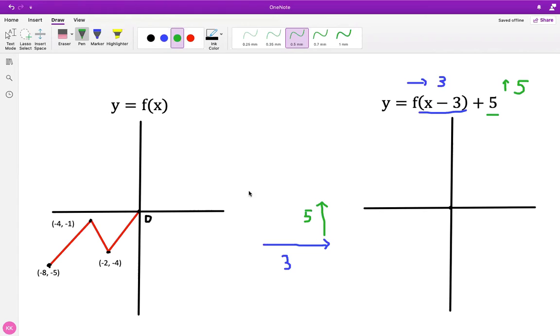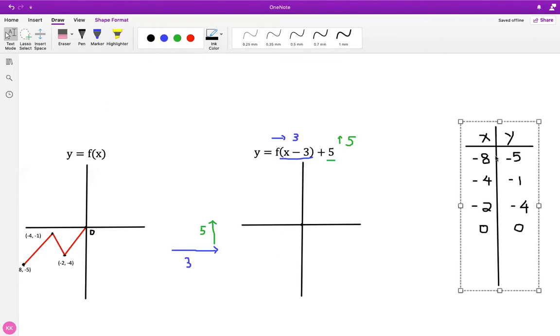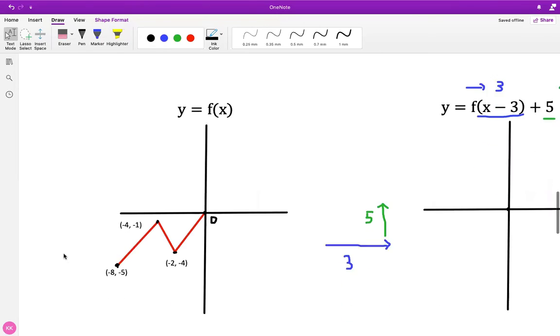Next I want to lead you through a step-by-step graphing of this function. The first step is to create the table. The table here holds the values for this function. Where are these points coming from? These values come from the coordinates at these points.